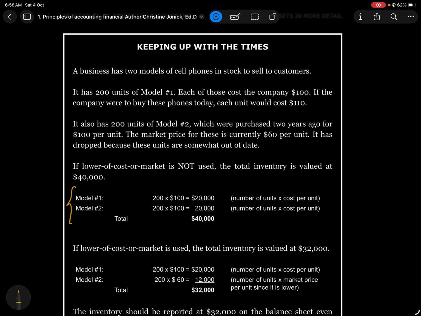So we bought 200 units of model 1 at $100. It's 20,000. The second model was purchased 2 years ago for $100, but the market price has decreased to $60 already. So 200 at the rate of $100, our valuation is 40,000, right?